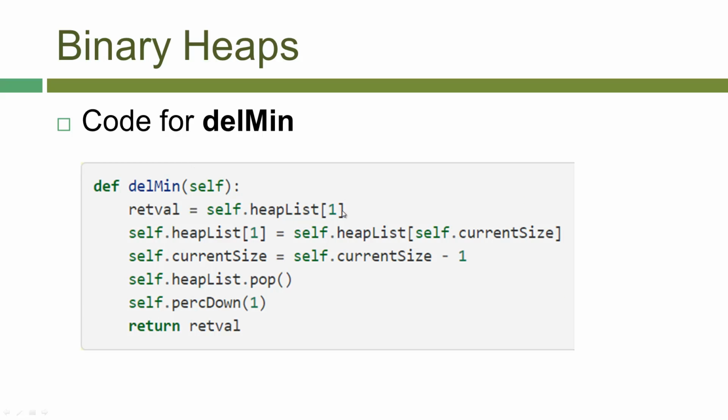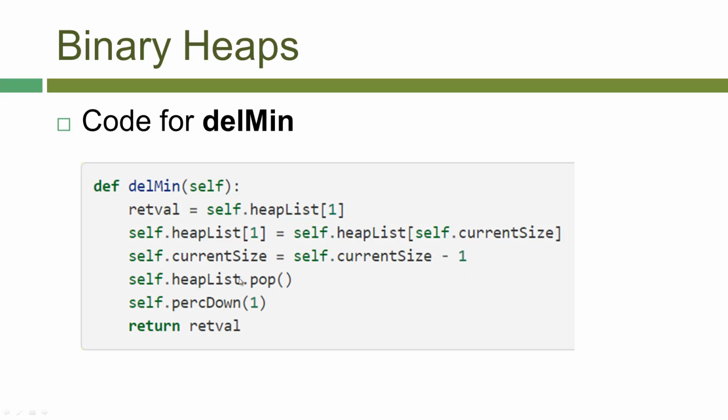So when you call delete min, you're just setting that return value equal to heap list 1. Remember, because heap list 0, that index at 0, just always stays 0, meaning heap list at 1 is your root node, which is the minimum element in your heap structure. So you have that return value, and you go ahead and return that return value at the end. But before you do that, you say heap list at 1 equals self.heaplist self.current size, and then self.current size equals self.current size minus 1.